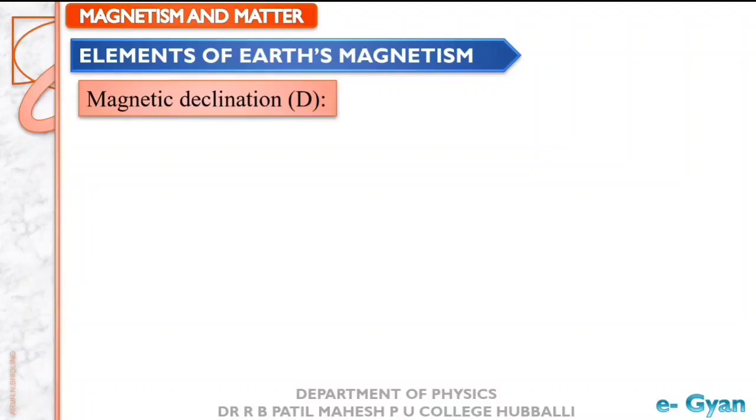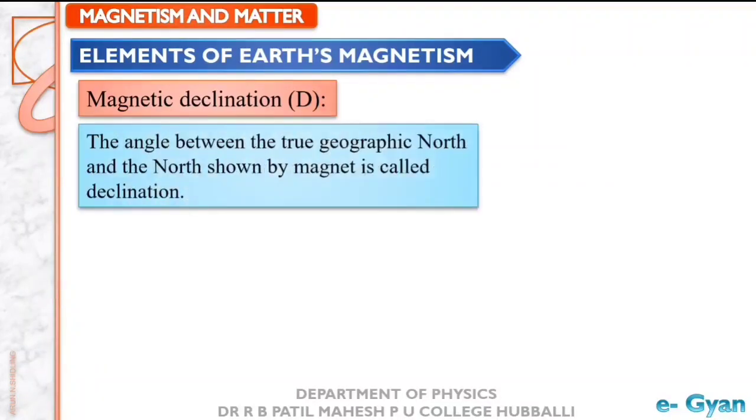Magnetic declination, capital D. The angle between the true geographic north and the north shown by the magnet is called declination. True geographic north means the geographic north.